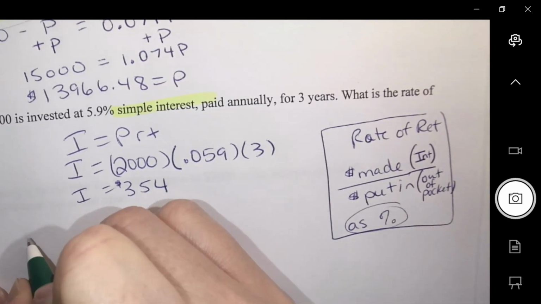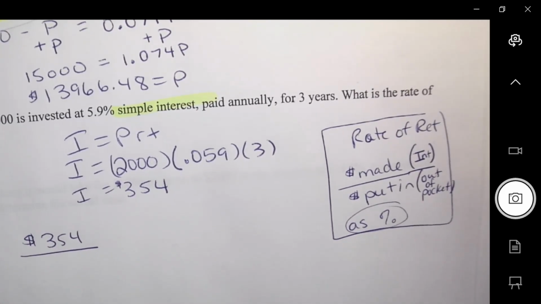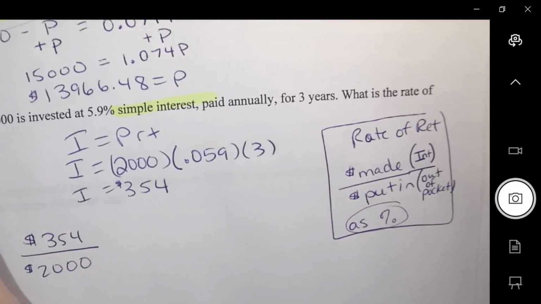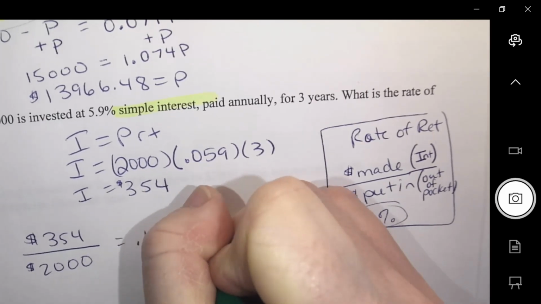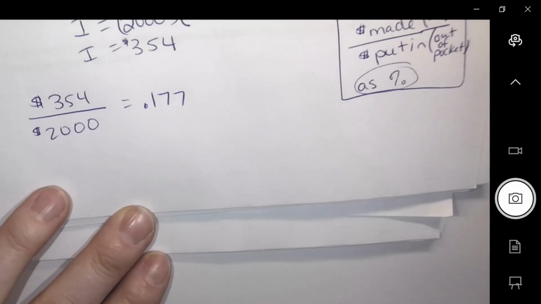Okay, so I made $354. And what did I have to put into it as an investment? I put in $2,000. So you always have to do this as a percent.